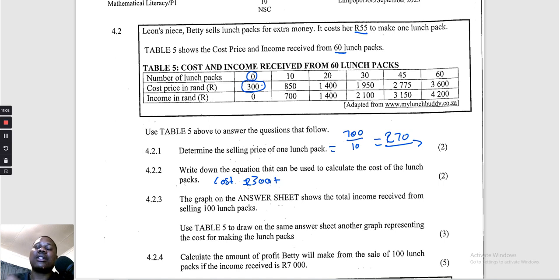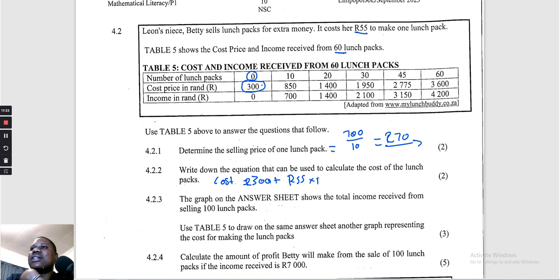Plus, remember in income and expenditure, the total cost is equal to the fixed cost plus the variable cost. So what are we going to add here? We're going to add our variable cost. So our variable cost is 55 rand per lunch pack.